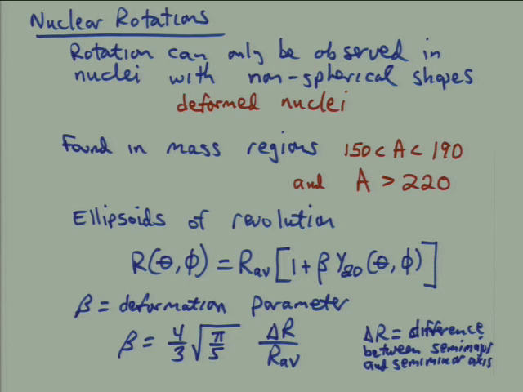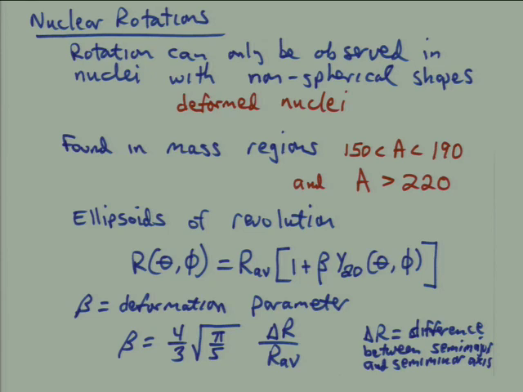And again, the idea is we start out with a spherical shape and we measure how far away from sphericity we are with an equation that looks like this. So now I have a nucleus and I draw a radius vector from the center. And what I say is, depending on which direction I'm pointing my radius vector, the distance to the surface is different because it's not spherically symmetric.